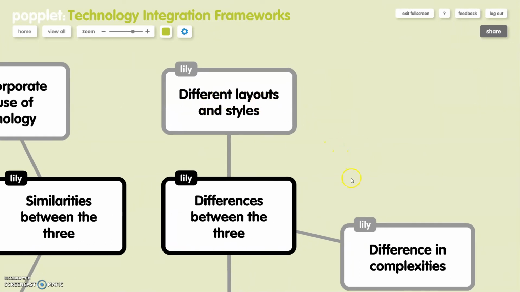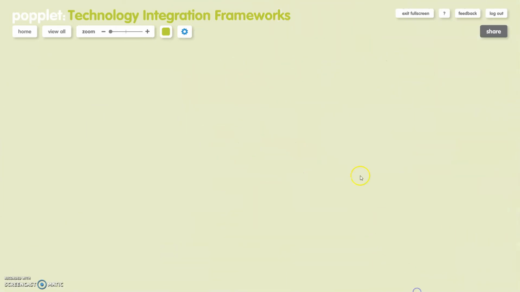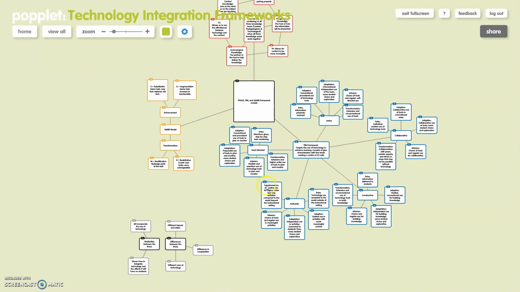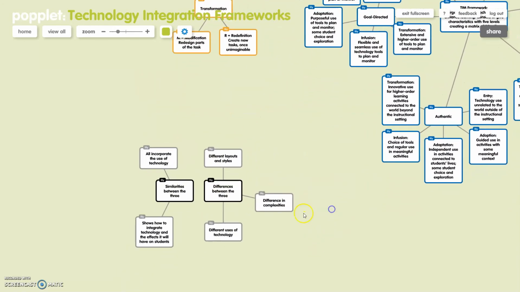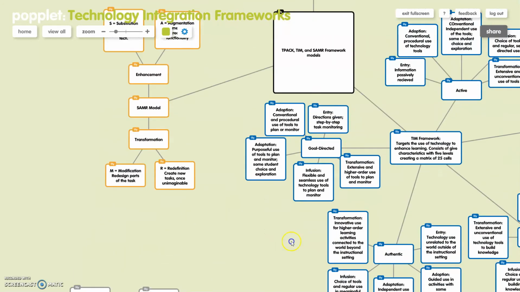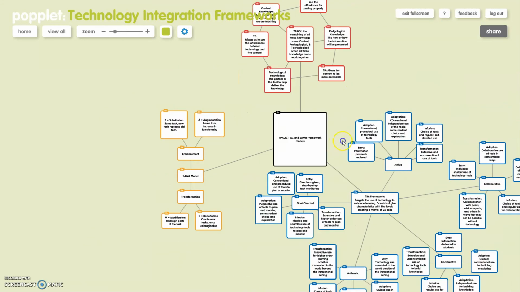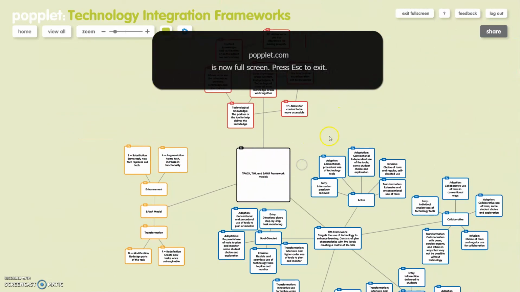They are very different layouts and styles, especially when comparing something so simple as the SAMR model to something as complex as the TIM framework. Difference in complexities for sure, and different uses of technology. So all of them talk about different ways of using them. And yeah, that's what I did and learned for assignment 3.